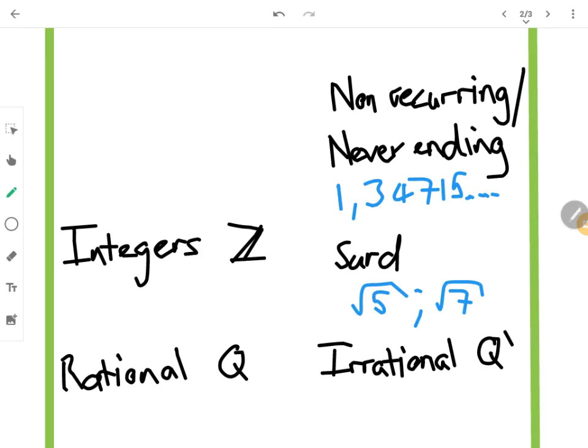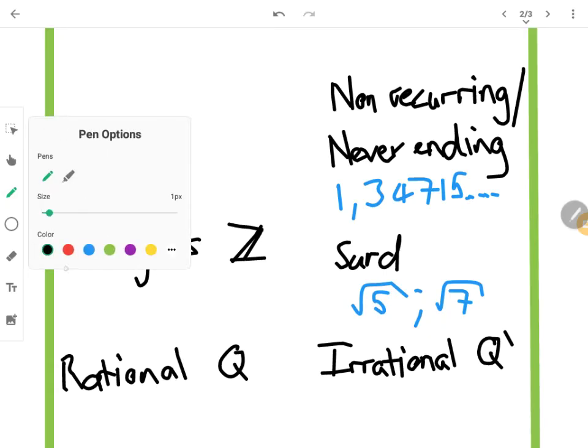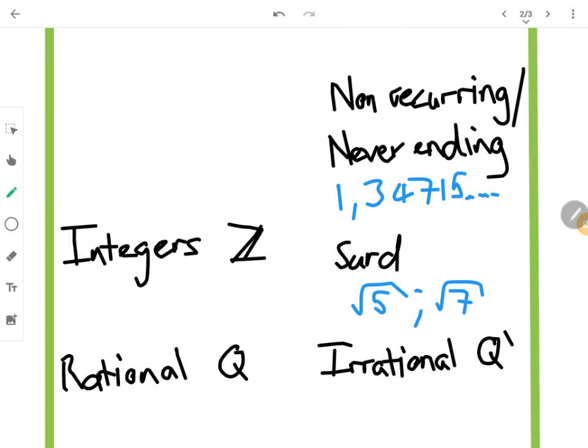These are any number without a decimal, positive or negative. So it can be any negative number, negative 10, negative 3, including 0. 0 is also an integer. 1 and any other positive number where we do not have a decimal.